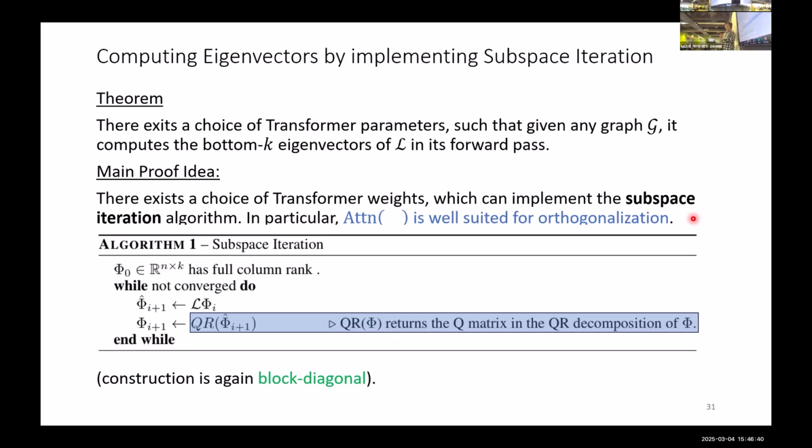Orthogonalization requires you to compute these projections and then subtract them, and the self-similarity matrix is sort of the right thing for computing these pairwise projections. And the final thing to note is that for the construction of this theorem, again, the matrix is block diagonal, which is useful because it reduces the parameters.